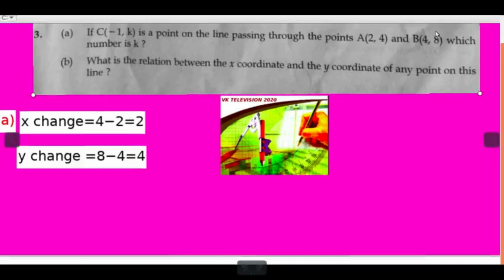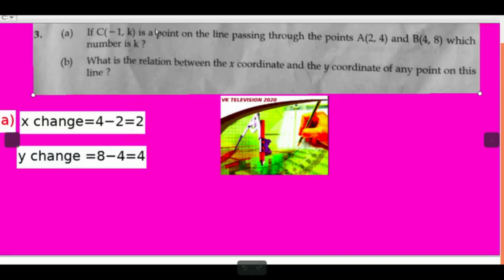Y change is equal to 8 minus 4, that is equal to 4. So we obtain x change and y change. Here we have a relation between x change and y change. Y change is obtained by taking double of x change.